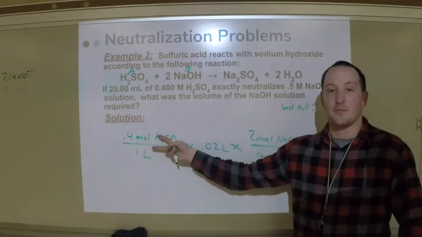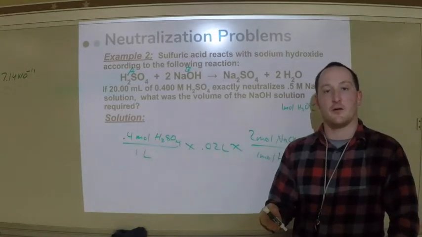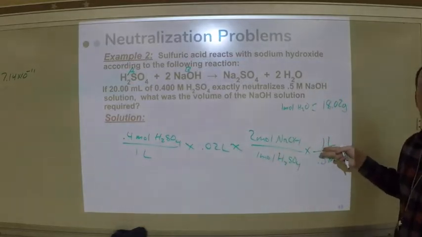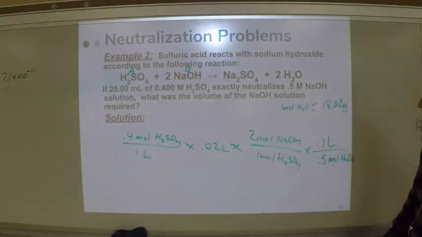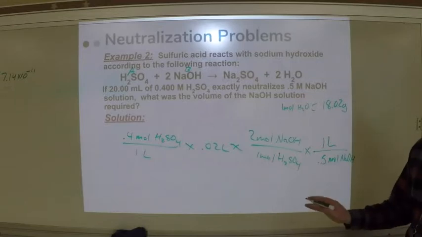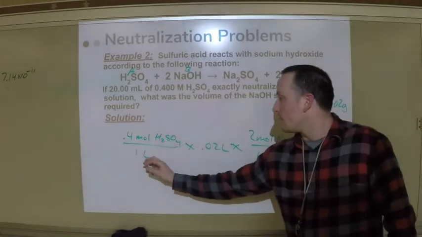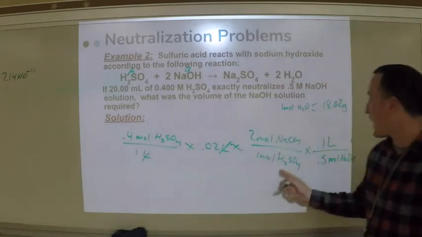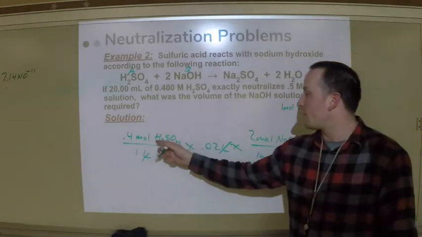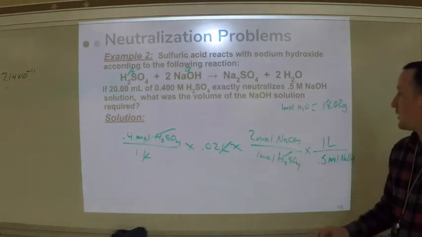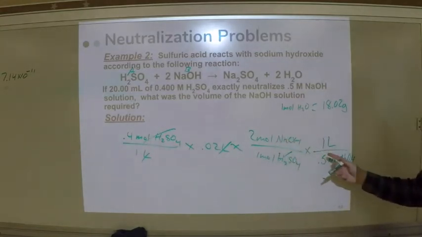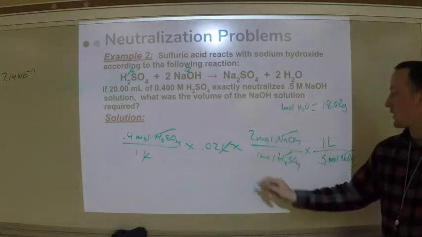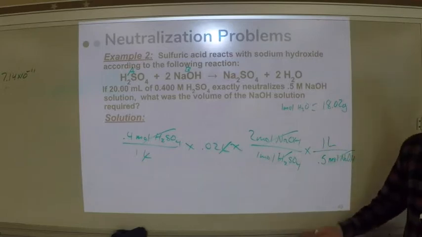Well, I could also flip that. If I want my units to cancel out, I can flip these fractions because they're equal to each other. So let me show you how that works out. Because I have liters on the bottom here and liters here, those will cancel. I have moles of H2SO4 here and here. Those will cancel. I have moles of NaOH here and here. Those will cancel. The only unit I have left is liters.